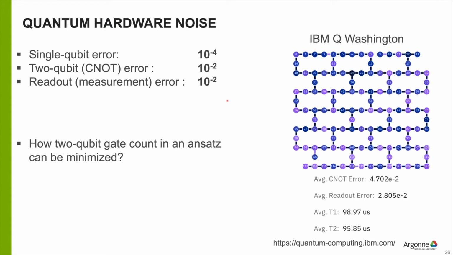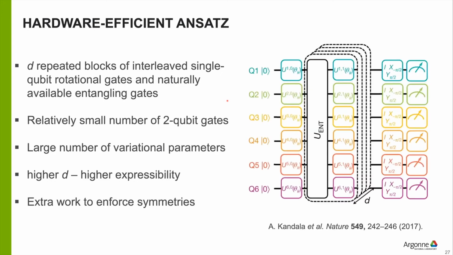And so the other way to represent the variational ansatz is using the so-called hardware efficient ansatz. And this was from the work in 2017 by IBM, where they came up with this hardware efficient ansatz, where you basically have a number of repeated blocks of interleaved single qubit gates and these entanglers that contain CNOT gates.